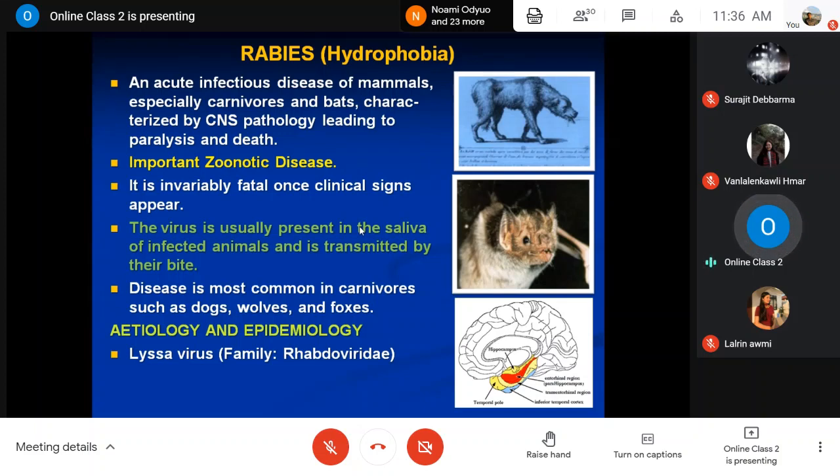When you offer a glass of water, they feel thirsty but cannot take it because of paralysis of the pharyngeal muscles and the muscles of deglutition, so they cannot swallow. They have very painful spasms, so they cannot drink and feel very bad. They show very much fear of water, so it is given the name hydrophobia. Details we have already discussed in the disease rabies.